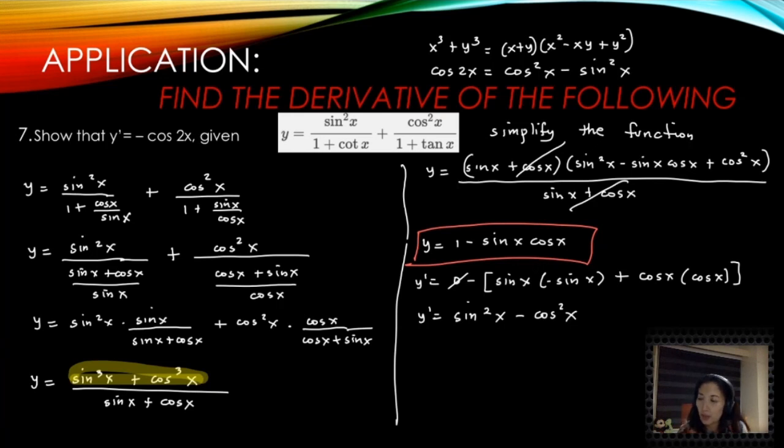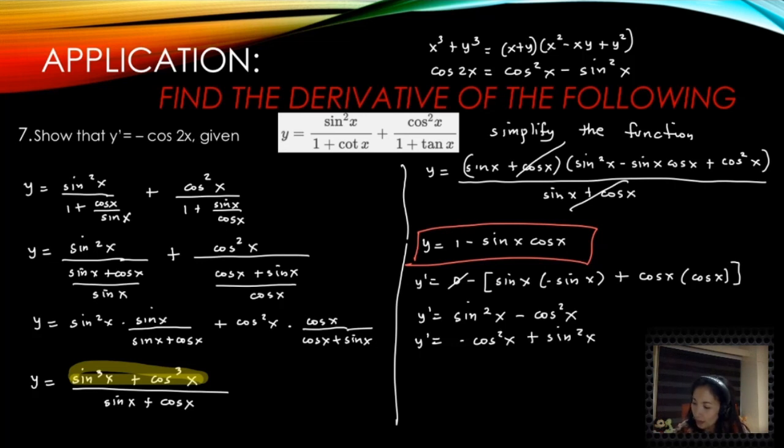But what are we going to show? We are to show that the derivative of the given is negative cosine 2x. So let's rearrange the terms. We write negative cosine squared x first plus sine squared x.